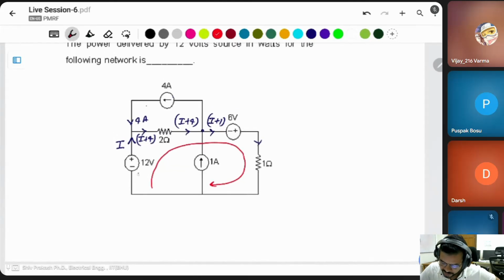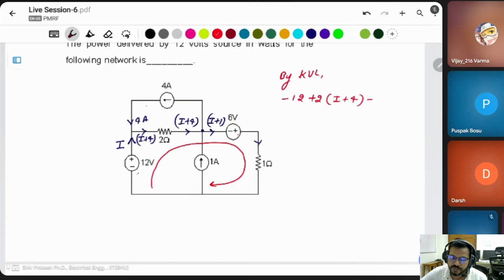If this is I1, then this is also V by 3 plus I1, because this current is flowing. You apply the KCL here, then you get the final result. I mean, there are many methods to solve this question by avoiding the super node also. But there is no need for this. Simply apply KCL.